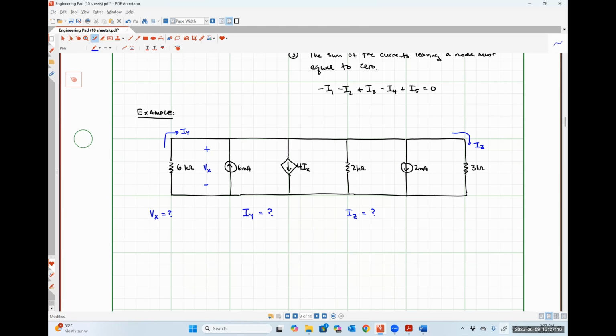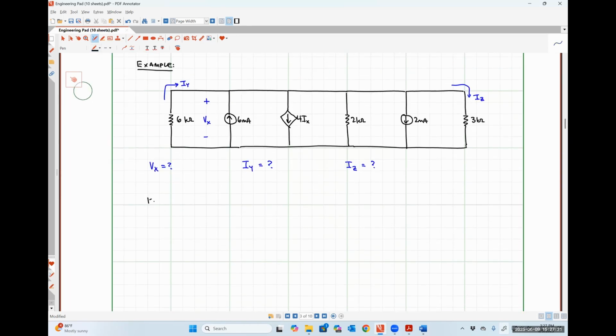Somebody else tell me if we're going to do KCL version 1, 2, or 3 at the top node. Number 2. Okay. So I'm just going to make a note here that we're doing KCL number 2 at the top node.